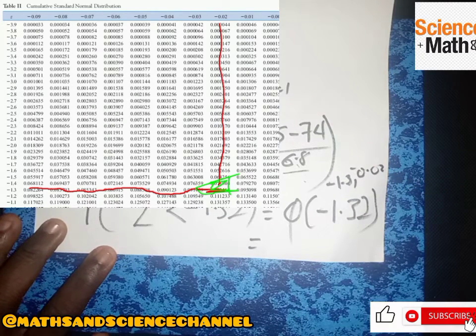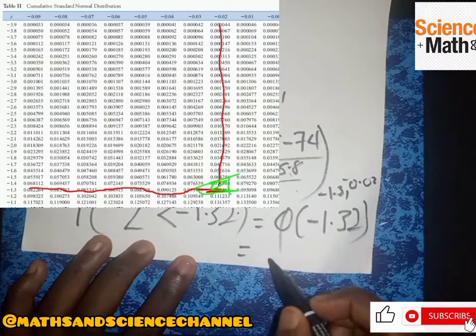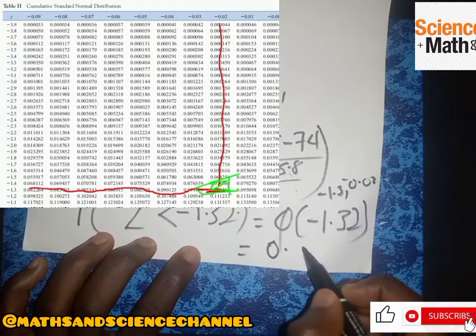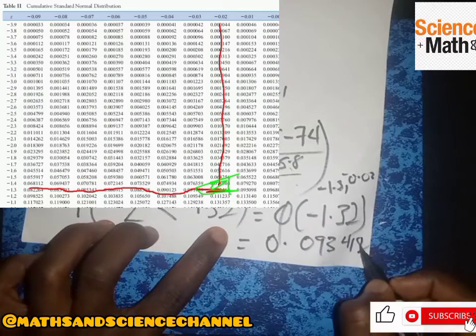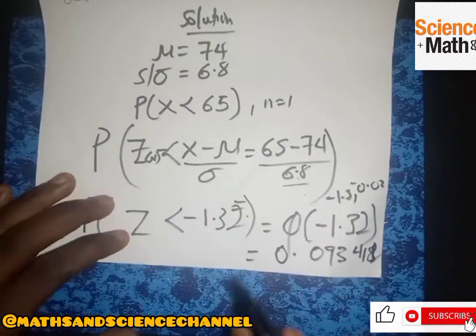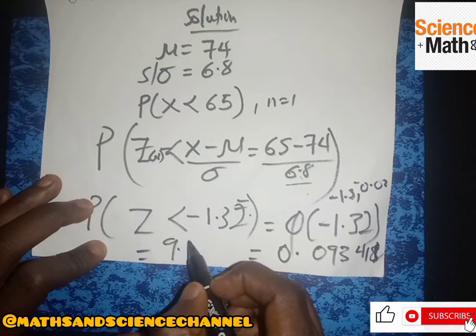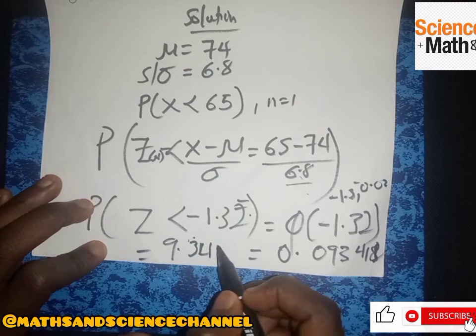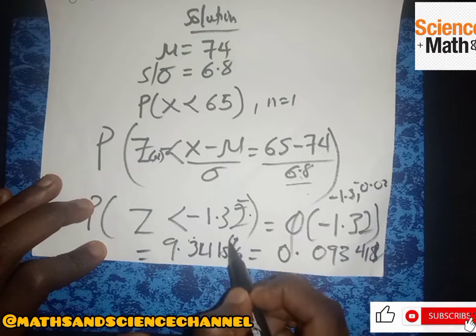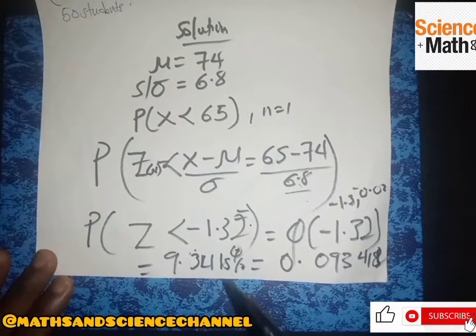So it's negative 1.3 by negative 0.02, and from the table you can see on the screen that the value is 0.09342. You can also leave it in percentages, so we just multiply by 100%, which is 9.342%. So that will be the probability for the first part.